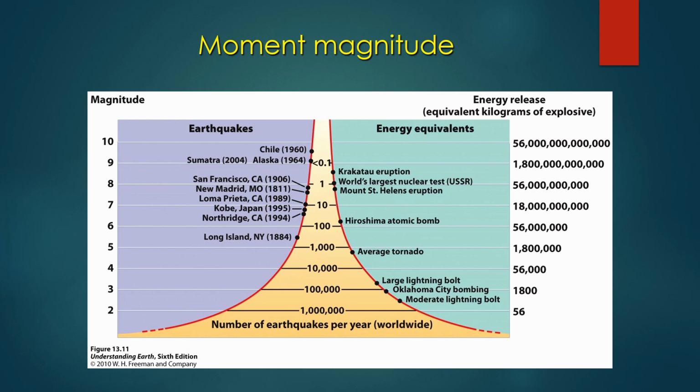Worldwide, approximately 1 million earthquakes with magnitude greater than 2 take place each year, and this number decreases by a factor of 10 for each magnitude unit. Therefore, there are about 100,000 earthquakes with magnitude greater than 3, about 1,000 with magnitude greater than 5, and about 10 with magnitude greater than 7.